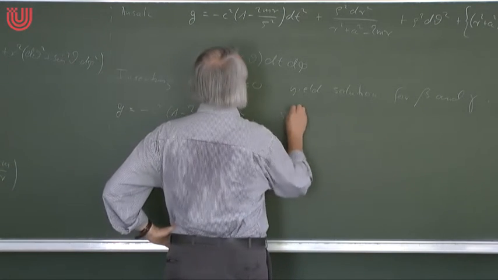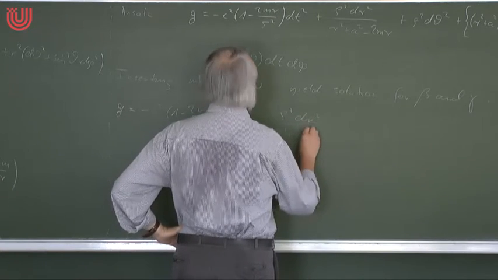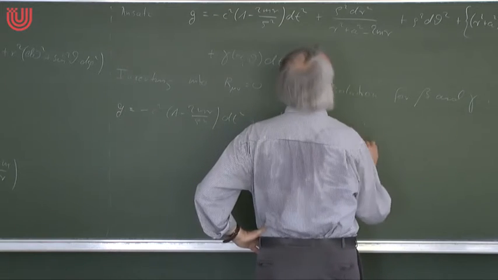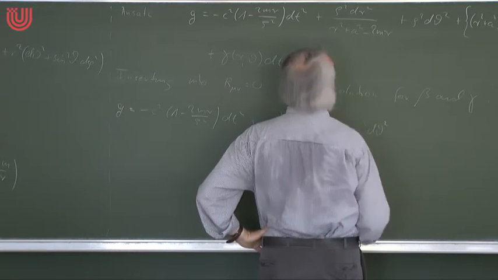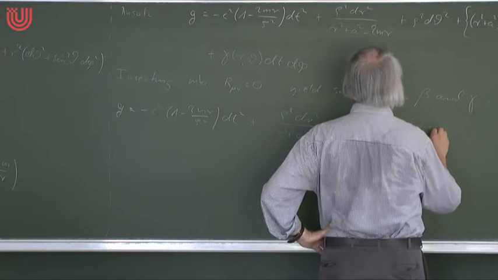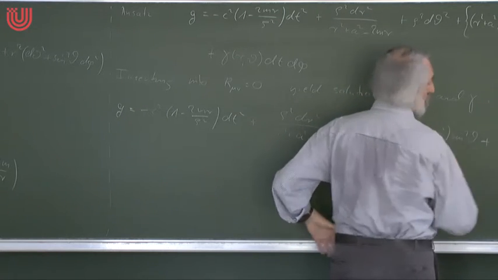So these are the terms here, dr squared plus a squared minus 2mr plus rho squared d theta squared plus, and here we get an a-dependent correction term.